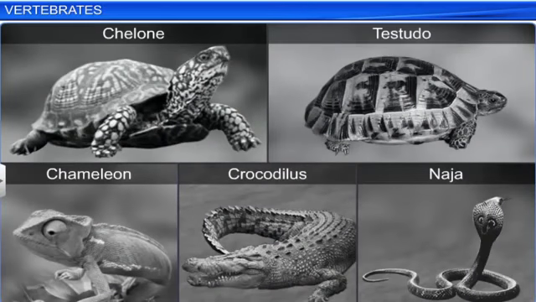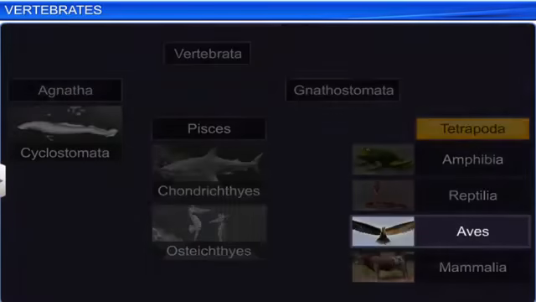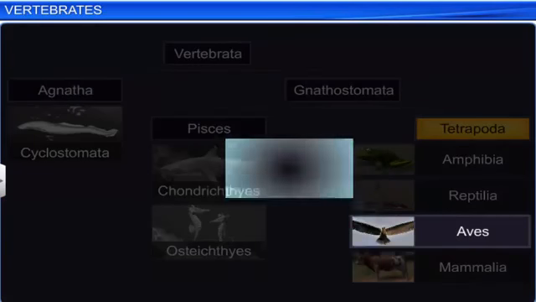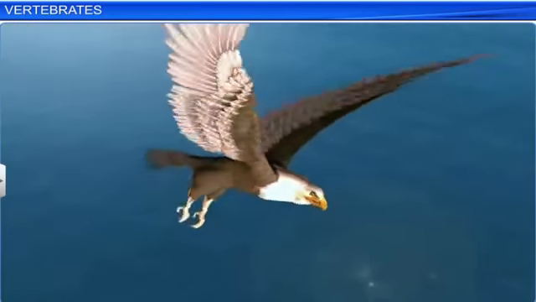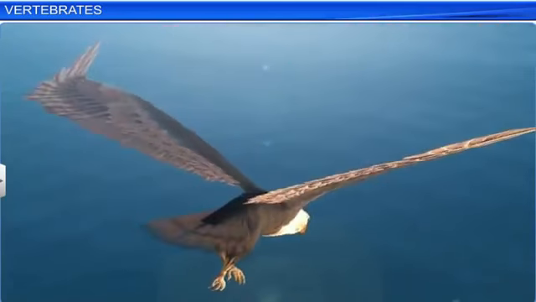Some common reptiles are Chelone, Testudo, Chameleon, Crocodilus, and Naja. The next class is Aves, which consists of birds. Members of this class are characterized by feathers.